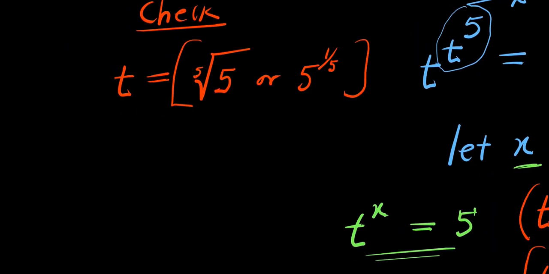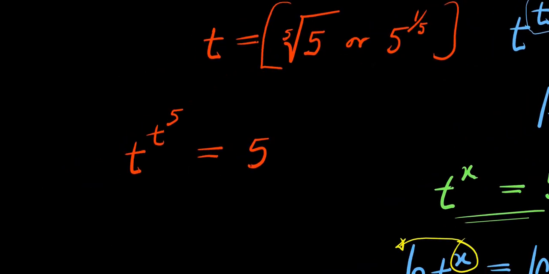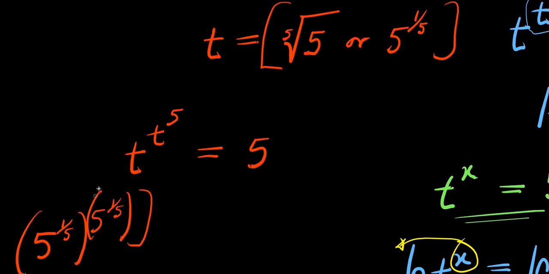So the question remains t power 5 equals 5. So let's insert it right here. We will have 5 power 1 over 5 raised to the power of 5. Then this also is raised to the power of 5 here.